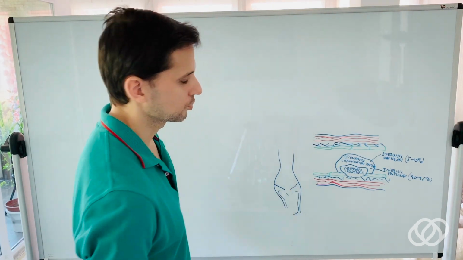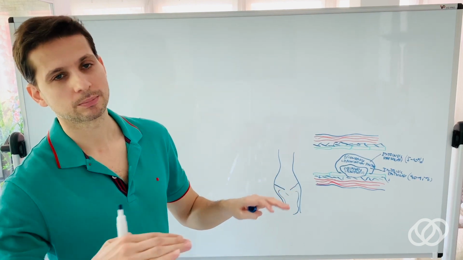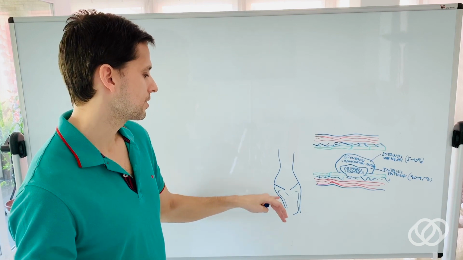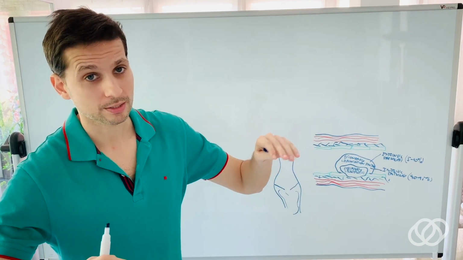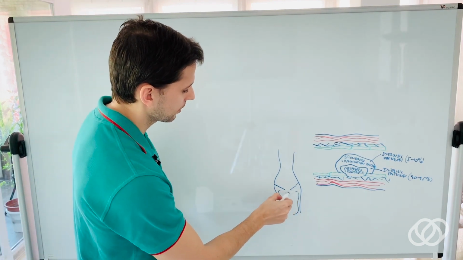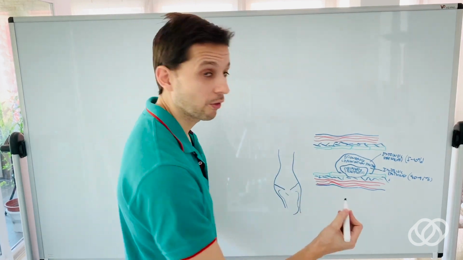There is a balance in the body between prothrombotic and antithrombotic factors, and with this stacking the prothrombotic ones will win against the antithrombotics, and a clot may form.